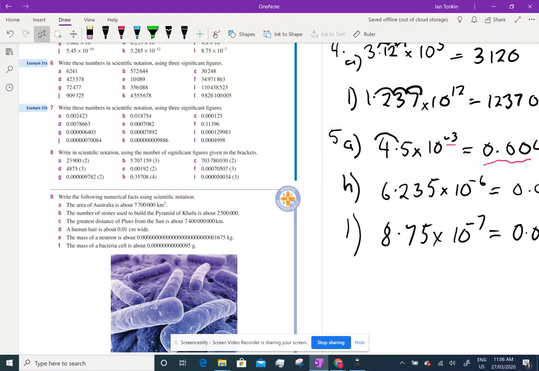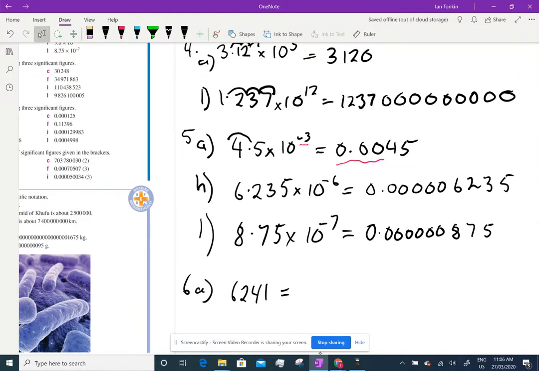So when you go 6A, and this is where we're going to use a calculator, I need to write that as a number, and I need to only write 3 significant figures. So it's 6, 2, 4, 1. You can try and convert the significant figures and then write scientific notation, but you're better off going, that's 6.241 times 10 to the power of, how many spots did we move? 3.